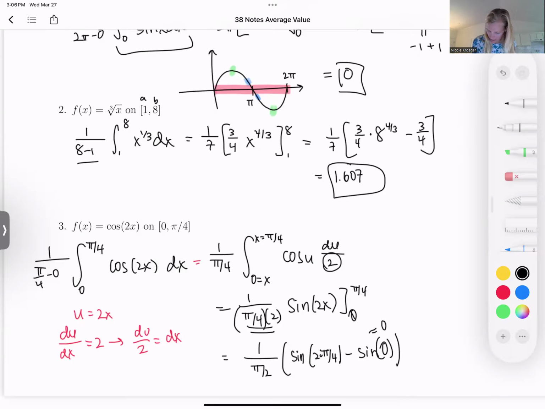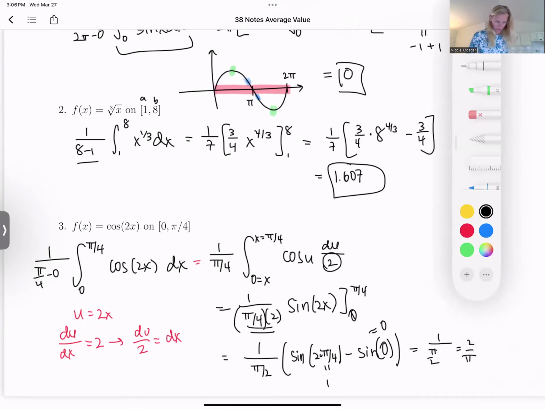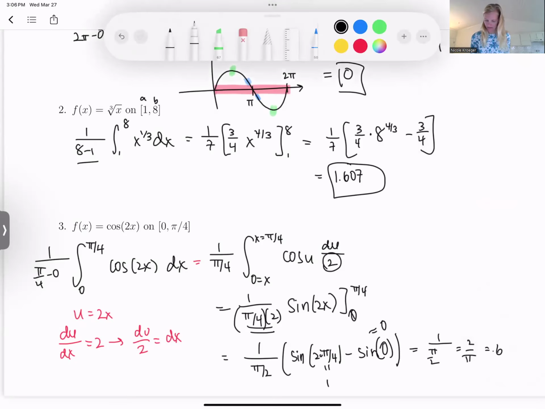Sine of 0 is 0. This will be sine of pi over 2, so this will be 1. So it looks like I'm going to get 1 over pi over 2, which is 2 over pi, or in a calculator, 0.6366.